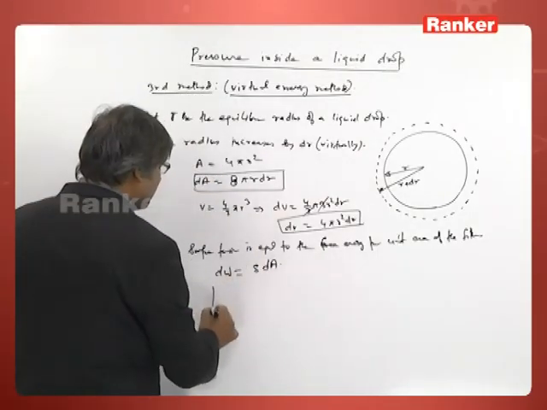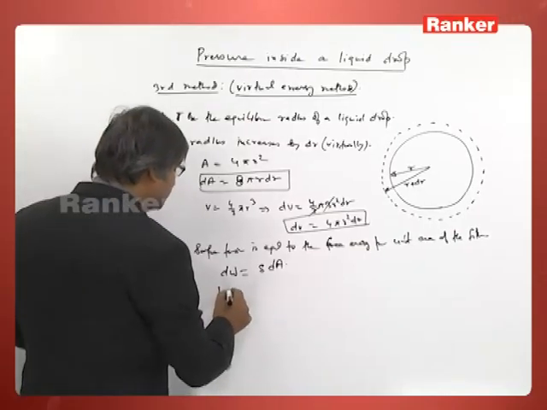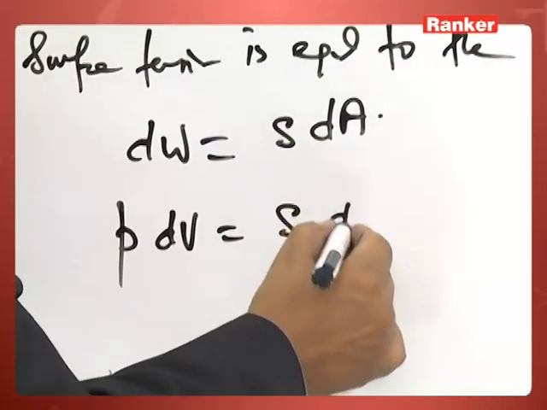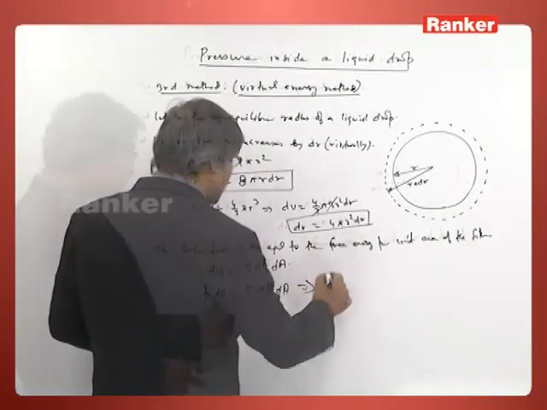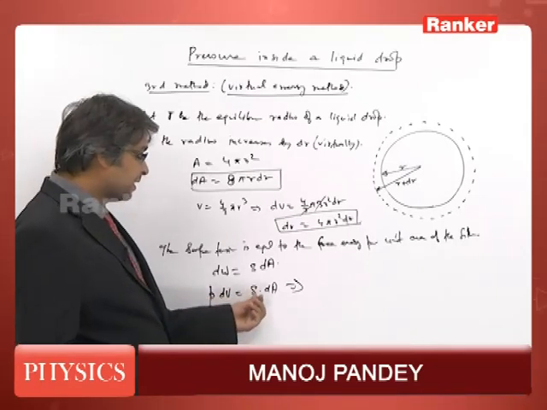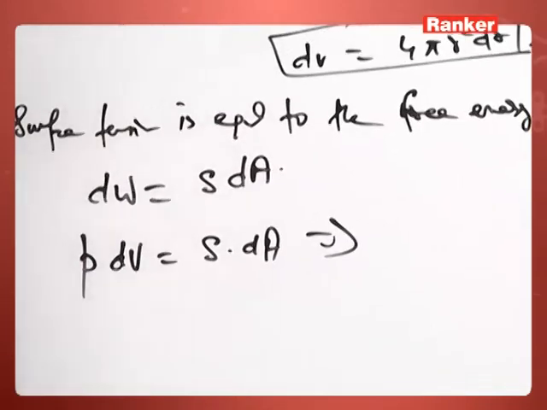The hydrostatic work done by the excess pressure is P into the change in volume, which equals S into the change in area. So, excess pressure into dV is equal to the surface tension S into dA.